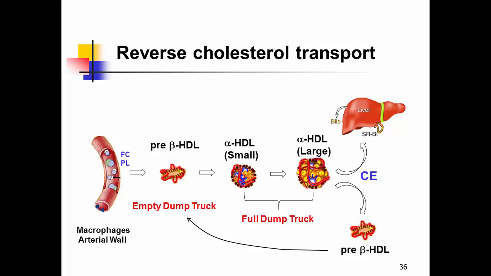First of all, beta HDL picks up free cholesterol and phospholipids from the peripheral tissue cells, here the macrophages in the artery wall, and releases them into the plasma.